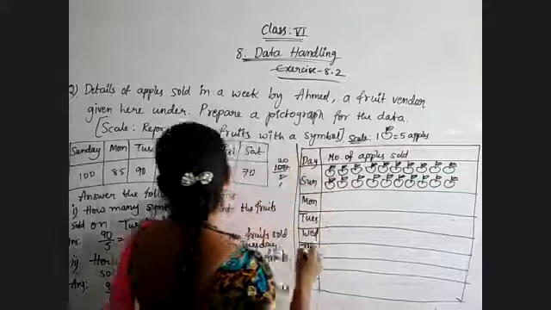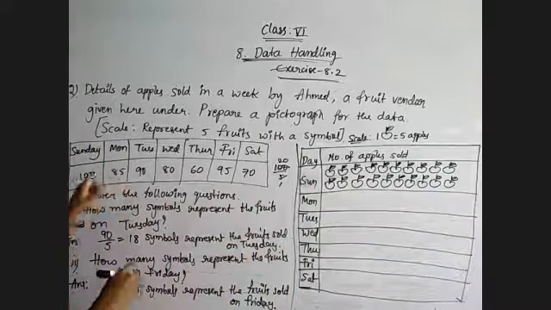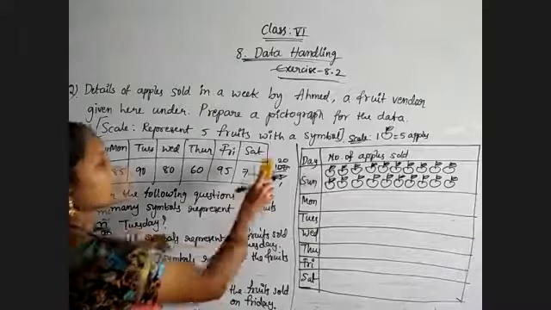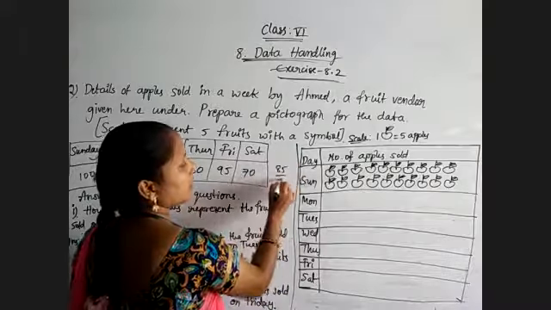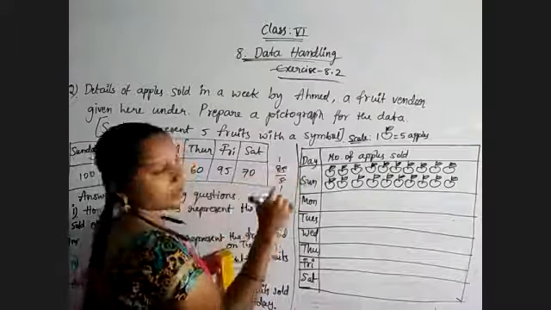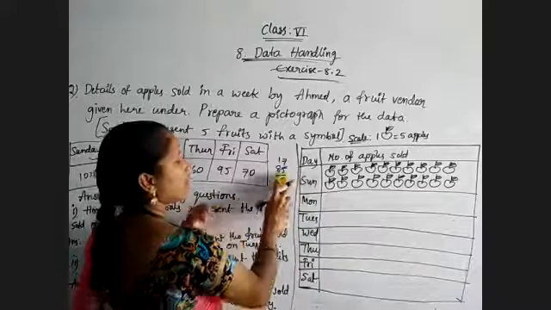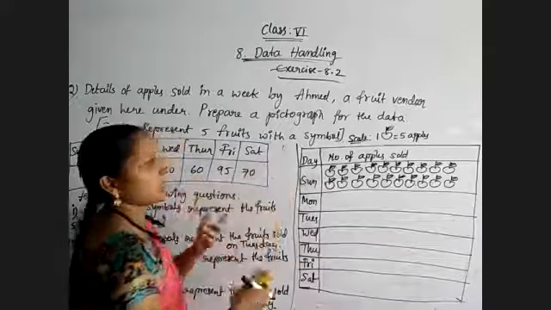Next, Monday, 85 given. So 85 by 5, how many symbols we have to use? 85 by 5. 5 ones are 5, 5 sevens are 35. 17 symbols. All are more than 10 only.